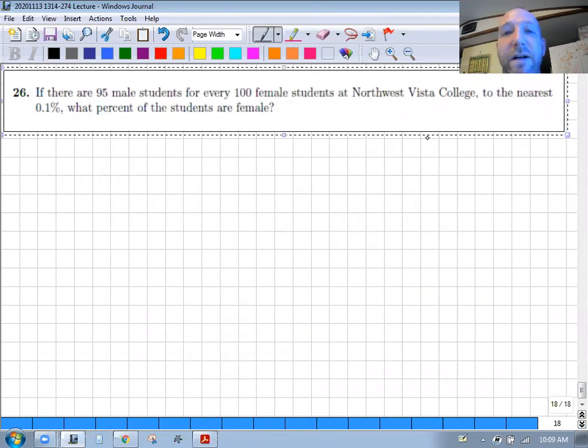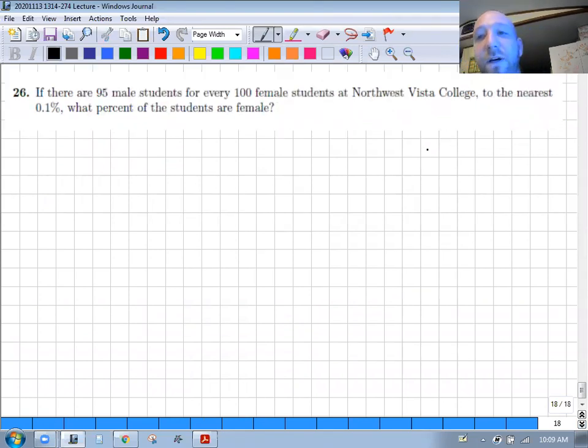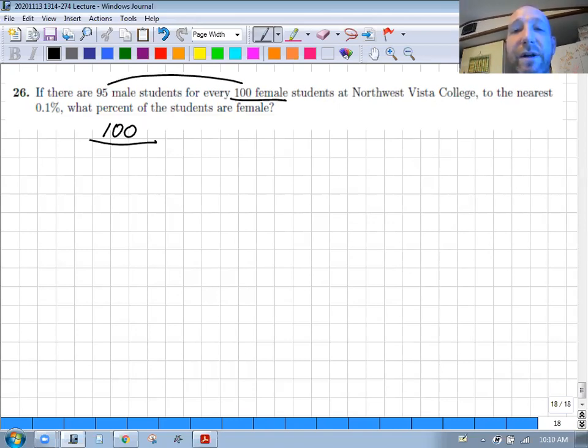All right, if there are 95 male students for every 100 female students at Northwest Vista, then to the nearest 0.1%, what percent of the students are female? All right, female, let's see. Well, there's 100 female students for every 195 total students, right?